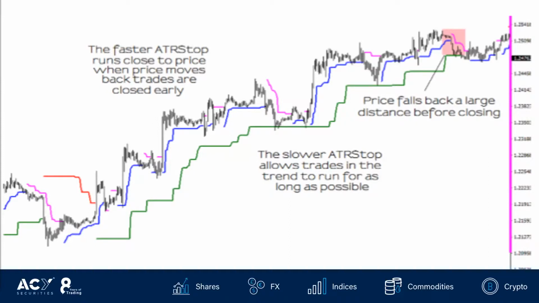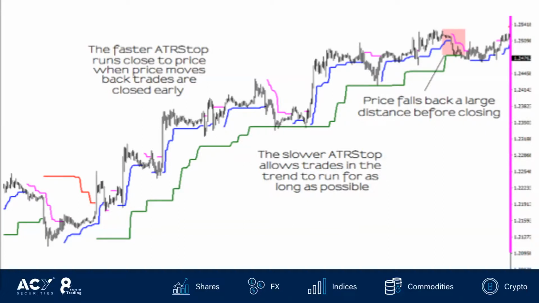So in the instance that you've got on the screen in front of you, you can see that we have a variety of different ones. The green line on the bottom, the green ATR, is what I would have used for this trading environment that I've got behind me as a way of getting out of a position in an uptrend. It gives you a little bit more freedom for price to move around.